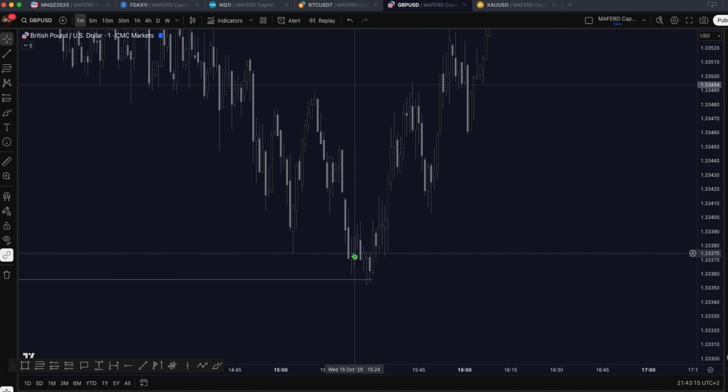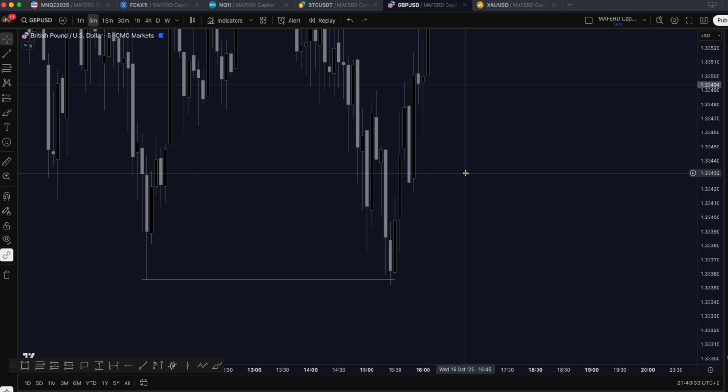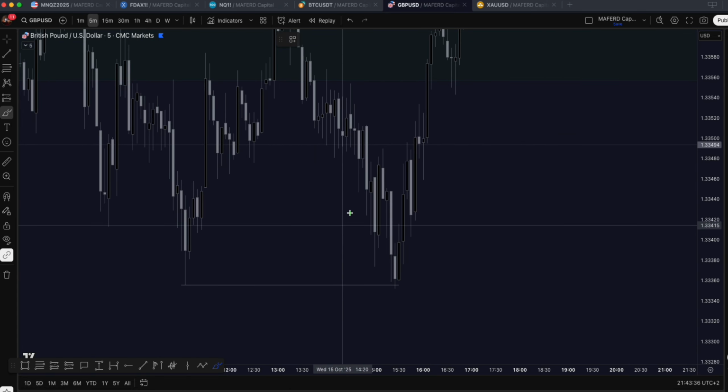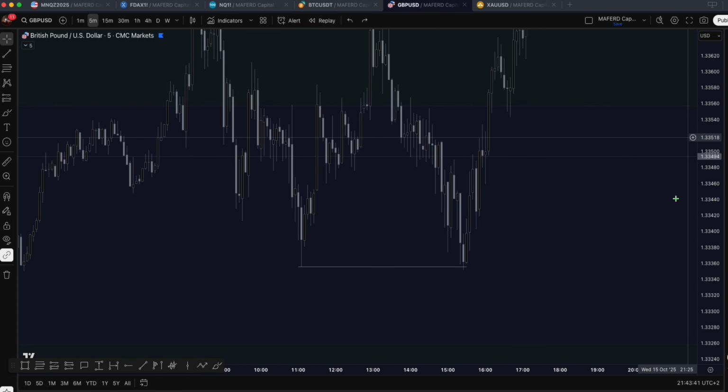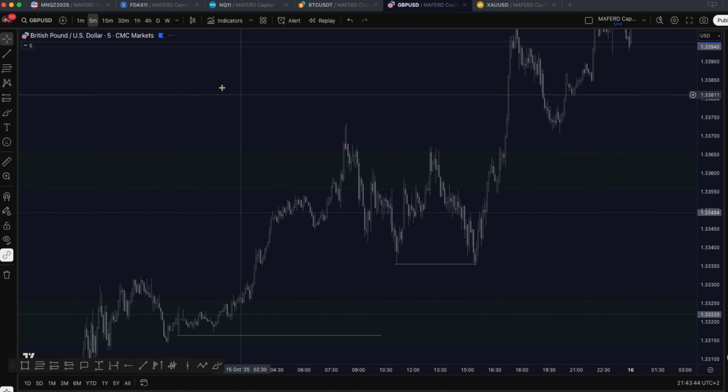You can enter simply off of the break of structure, or off of the retest of it, or you can use the Fibonacci, for example, and trade off of the 50%, or you can even wait on a higher time frame like 5 minutes, wait for a break of structure again, and enter off of the retest. You have multiple ways to enter every single time.